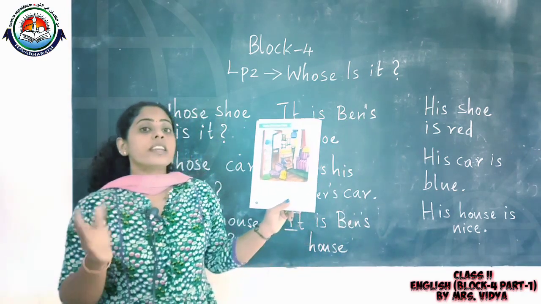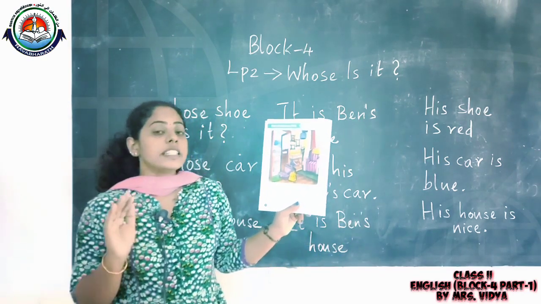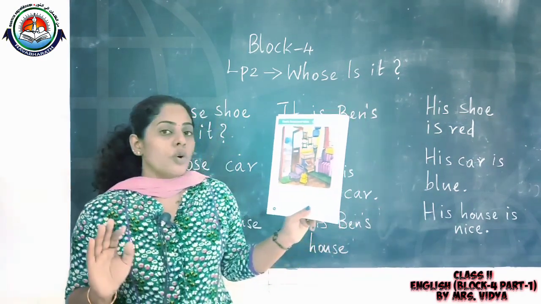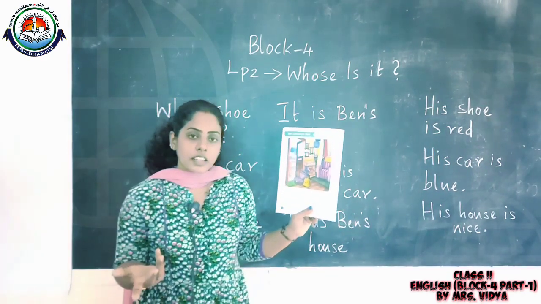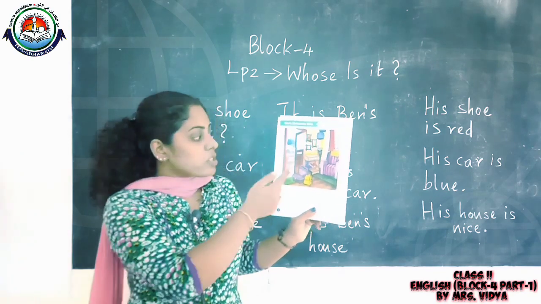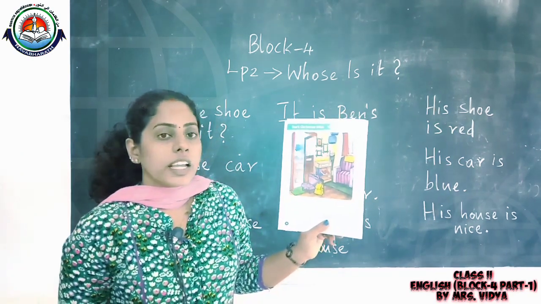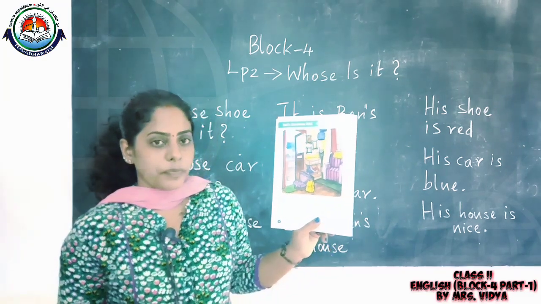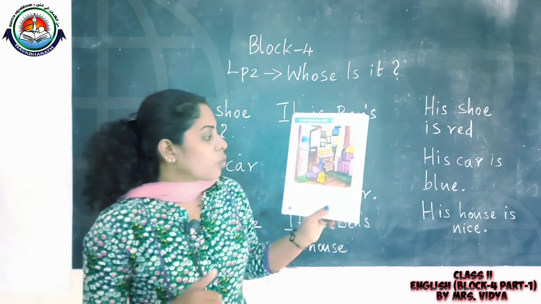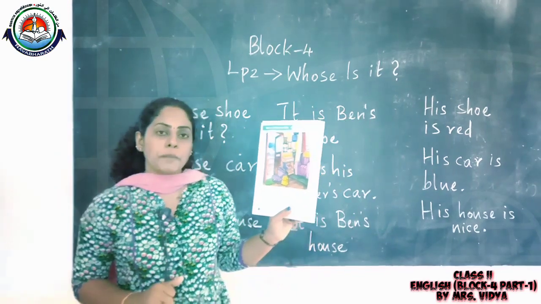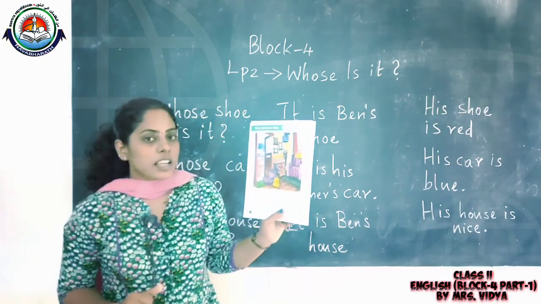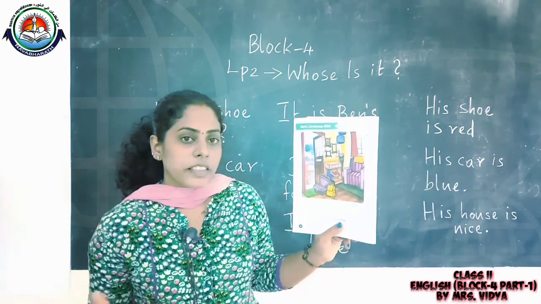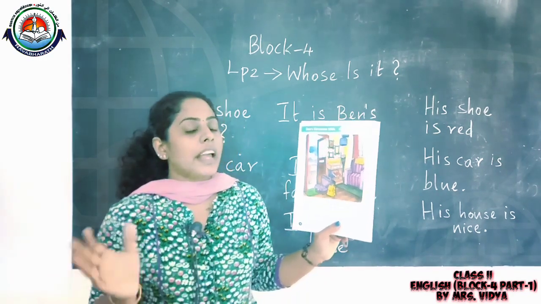Whose shoe is it? It is Ben's shoe. Whose car is it? It is his father's car. Then whose bag is it? It is Ben's bag. Isn't it? That belongs to Ben and his family.